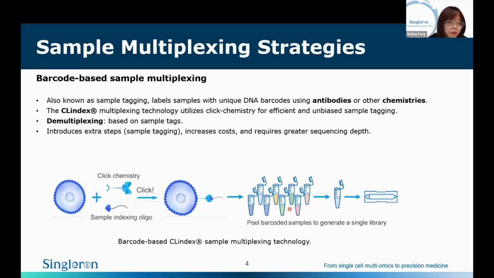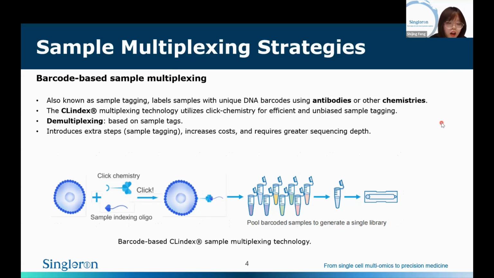And there are mainly two strategies of sample multiplexing. The first one is barcode-based sample multiplexing. By giving every sample a unique barcode, we can achieve this. Usually, what we do is use antibodies or chemistries to link to the cells of the samples.